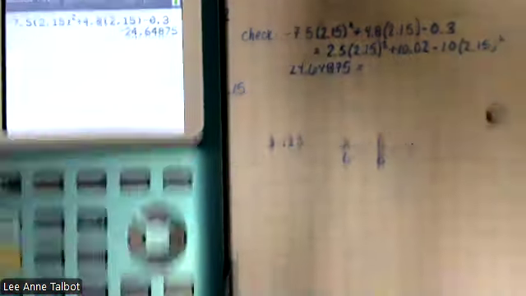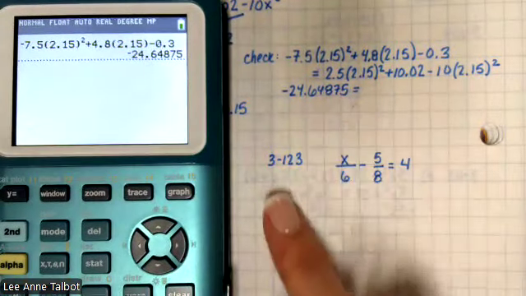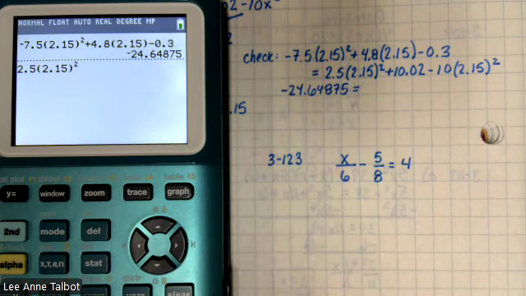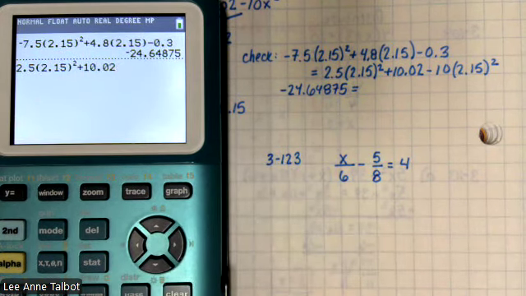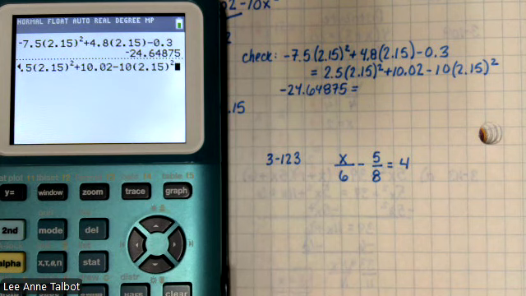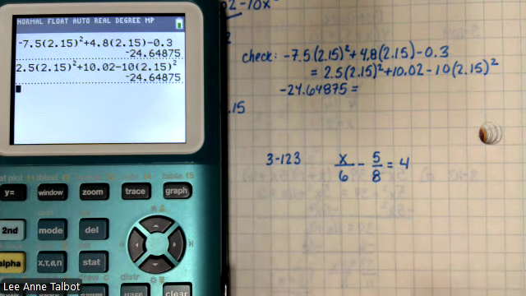Now I'm going to type in the other side of the equation, 2.5 times 2.15 squared plus 10.02 minus 10 times 2.15 squared. Moment of truth.